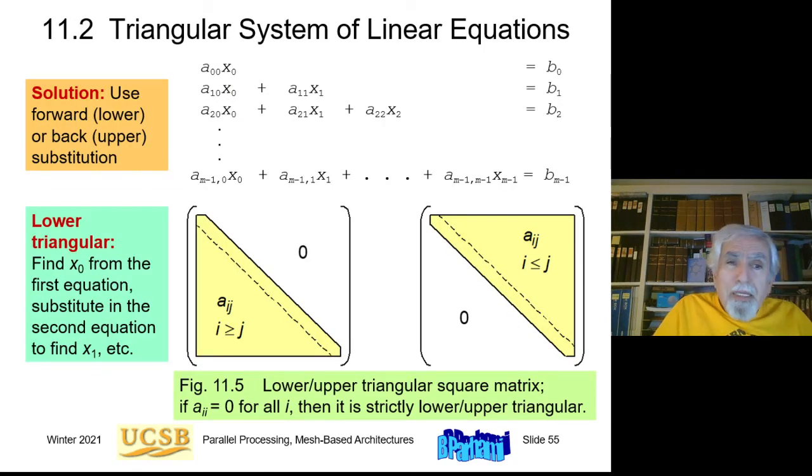In the next section we talk about solving triangular systems of linear equations. A triangular system of linear equations looks like this. The coefficients of the equations form a lower triangular matrix.